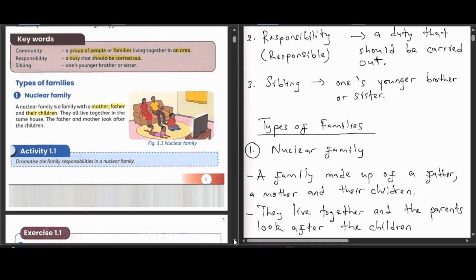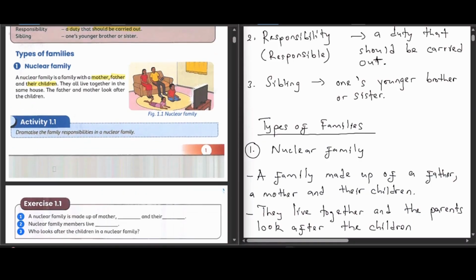Let us look at this activity 1.1. Dramatize the family responsibilities in a nuclear family. So this is an activity you should do. What are the family responsibilities in a nuclear family? So in a nuclear family, the father has to go to work.